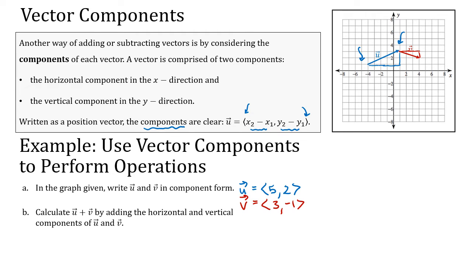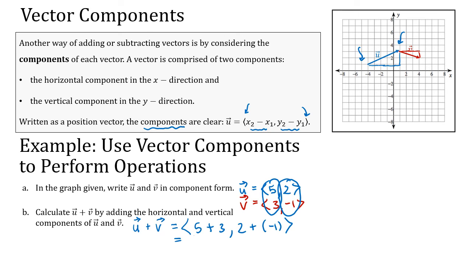Now, calculate the sum of these vectors by adding the horizontal and vertical components of vector u and v. That's what it's asking us to do on part B. Okay, we haven't done this before. Here's what I'm going to say. Vector u plus vector v is equal to simply taking the horizontal components, which are 5 and 3, and adding them, and then taking the vertical components, 2 and -1, and adding those.